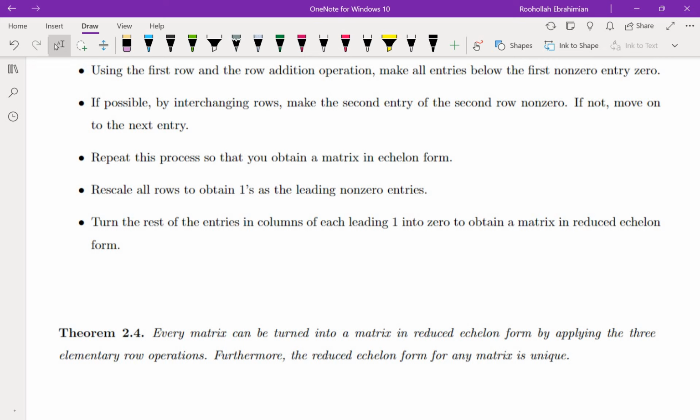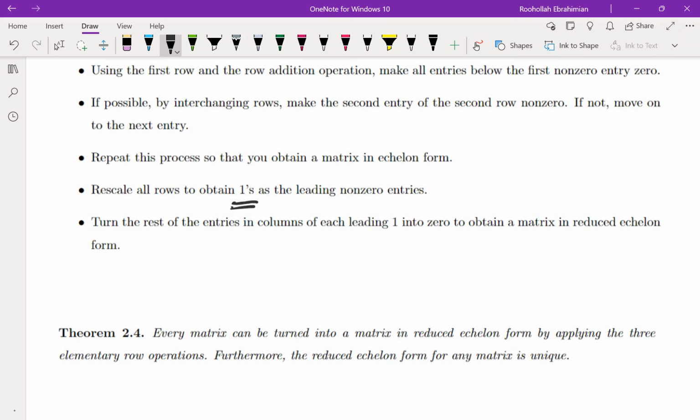If possible, by interchanging rows, you make the second entry of the second row non-zero. If not, you move on to the next entry. And you repeat this process to obtain the echelon form. And then you scale all the rows to obtain 1s. And then you use those 1s to make everything in that column 0.